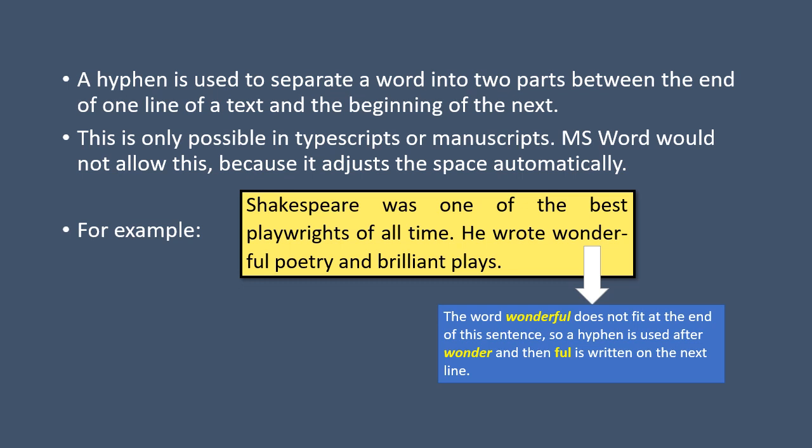He wrote wonderful poetry and brilliant plays. Now here, let me choose a different color. All right, so here you could see wonderful. Now wonderful, you know, is one word, okay? But because you did not have enough space to write the full word here, you have to put a hyphen here in this part, and then you have to write the remaining part of the word on the next line.